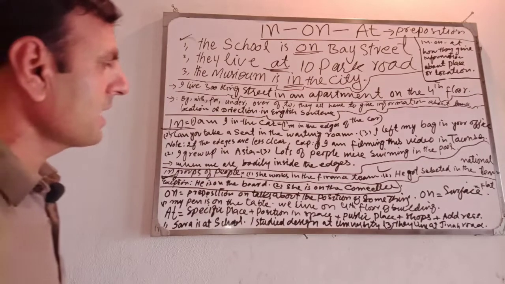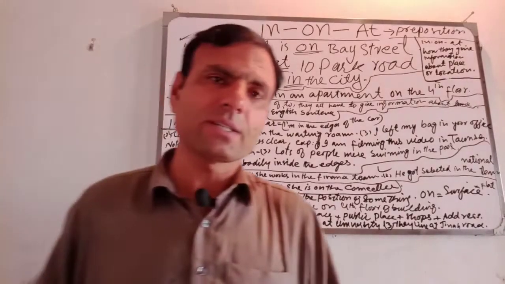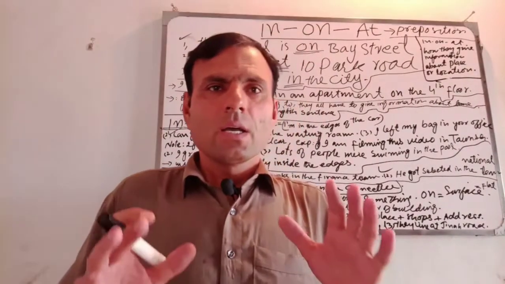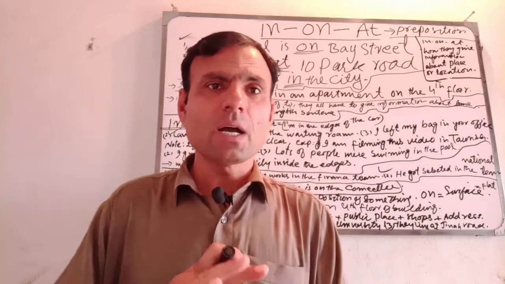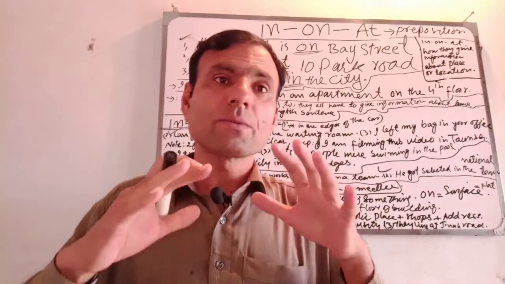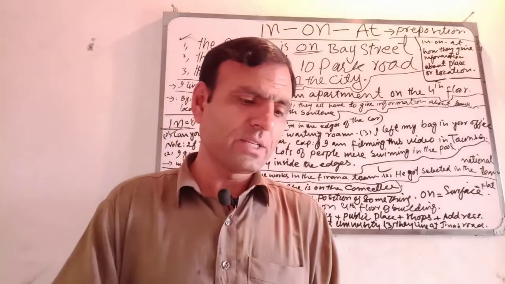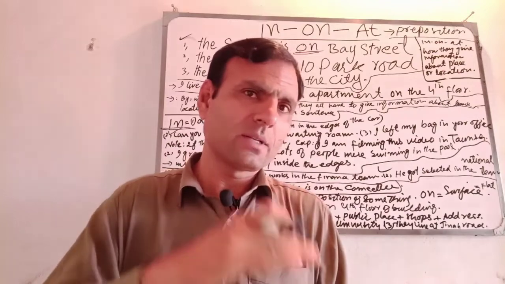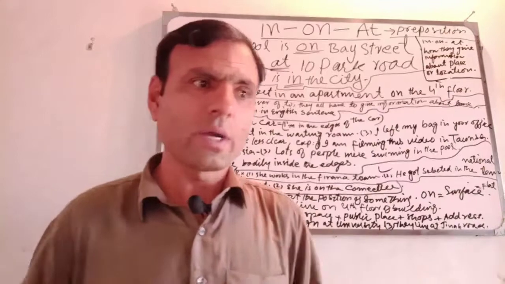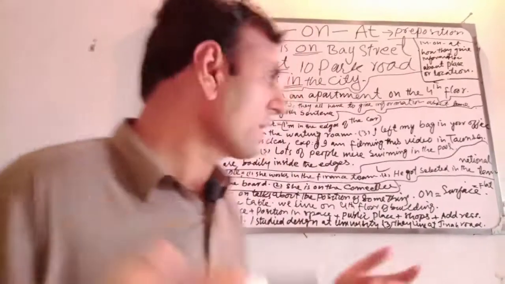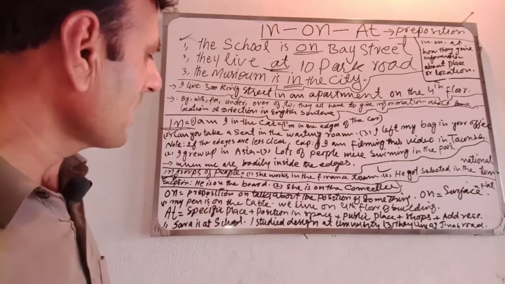On. The preposition on talks about the position of something on a surface, a flat area: a table, a seat, a roof, a bed. See here: my pen is on the table.